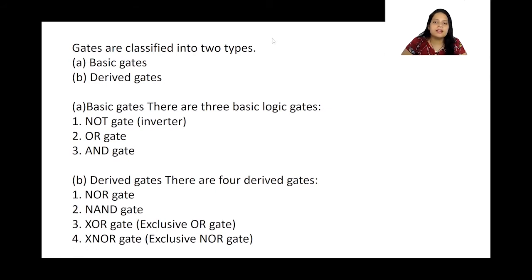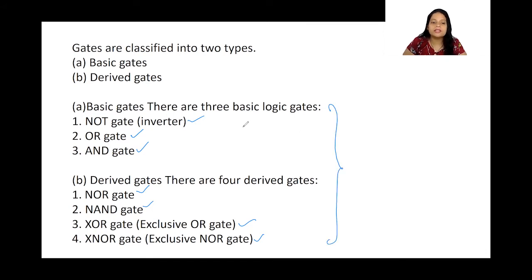Basic gates are mainly the NOT gate, which is also called an inverter gate, then the OR gate, then the AND gate. There are three basic gates. When it comes to derived gates, there are four: NOR gate, NAND gate, XOR gate, and XNOR gate.